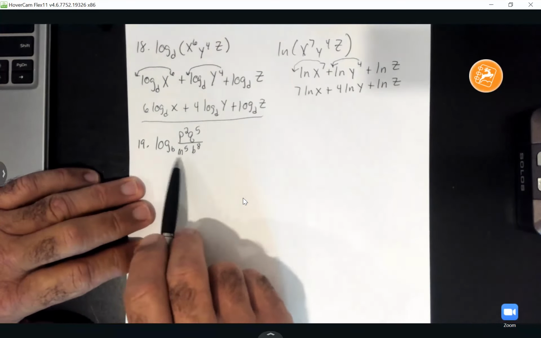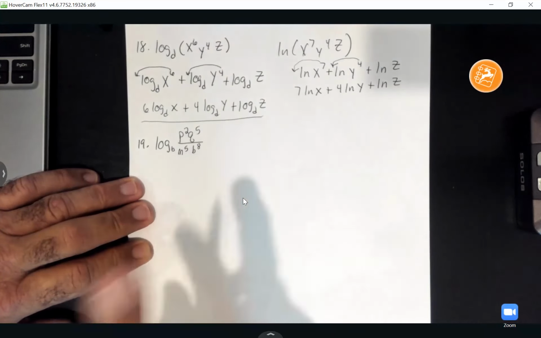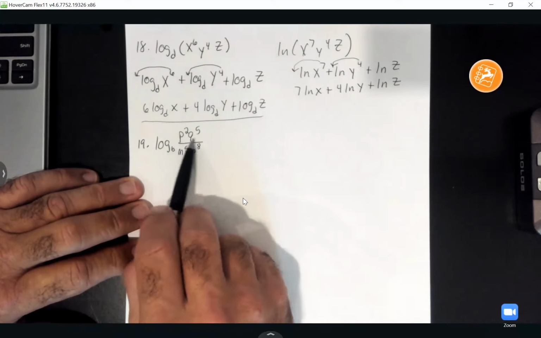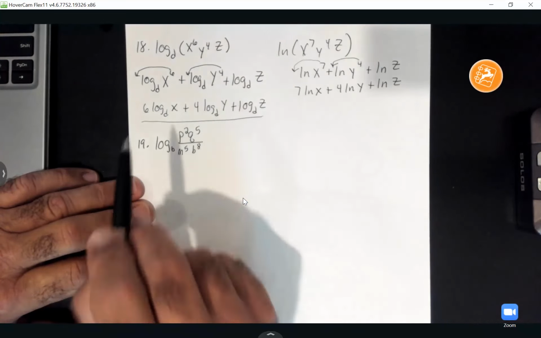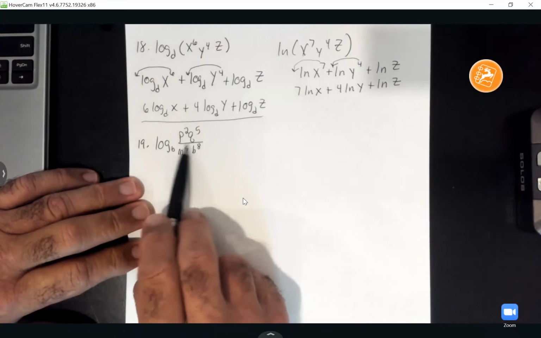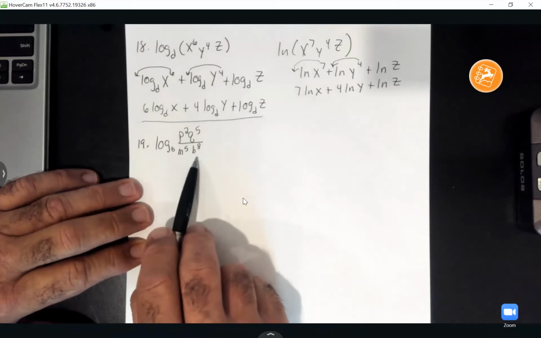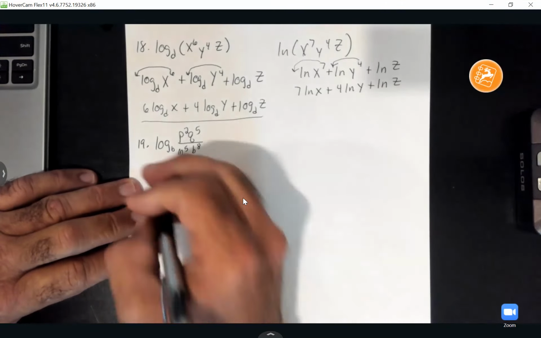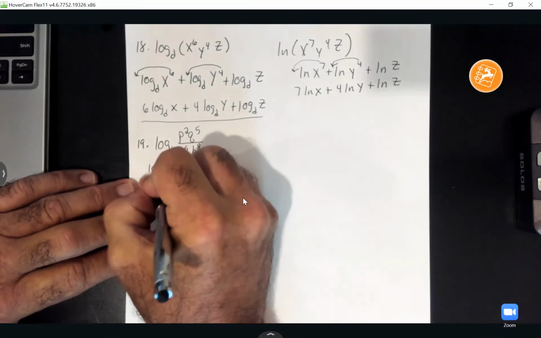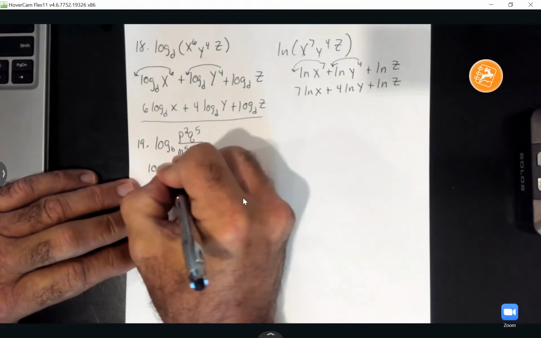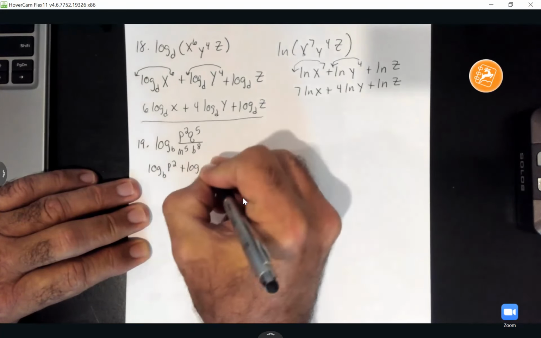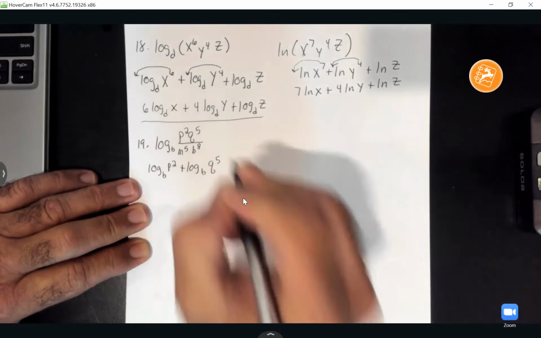Okay. So I was thinking these ones were really, really pretty close. So what we got to do on this, anything on top, we rewrite it added. Anything from the bottom, we subtract. And we're going to distribute our log B to all 4 factors. So y'all, we should get a log B of p squared plus a log base B of q to the 5th.